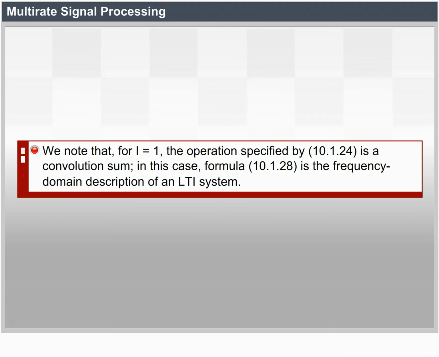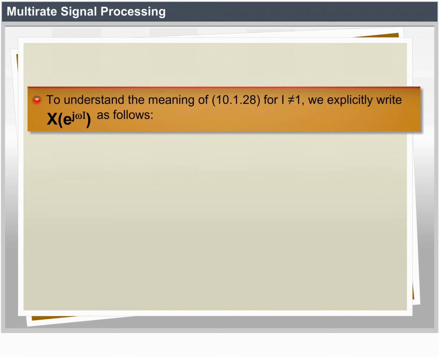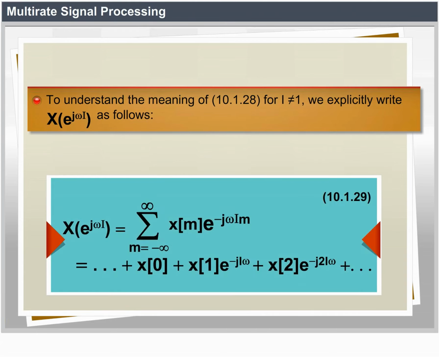To understand the meaning of 10.1.28 for L not equal to 1, we explicitly write X(e^jωL) as follows: X(e^jωL) equal to the summation over m from minus infinity to plus infinity of x(m) e^(minus jωLm), equal to etc. plus x(0) plus x(1) e^(minus jLω) plus x(2) e^(minus j2Lω) plus etc., equation 10.1.29.